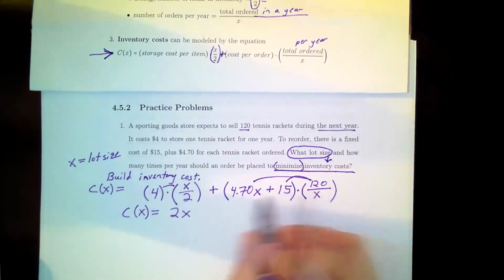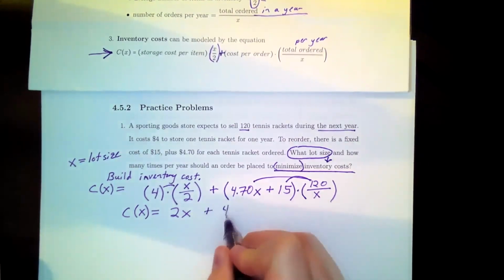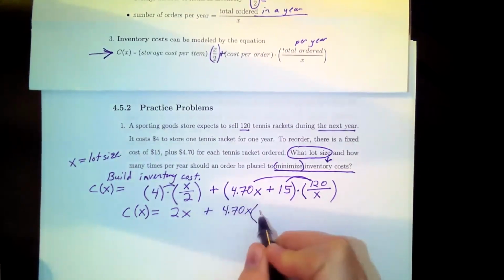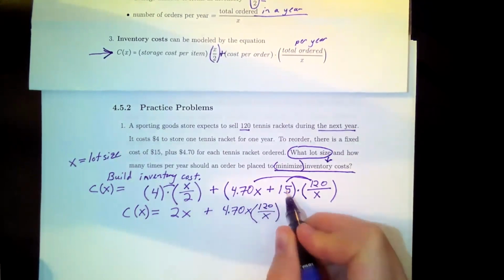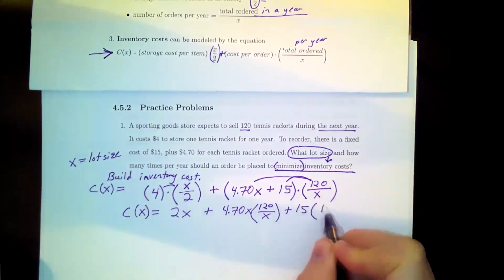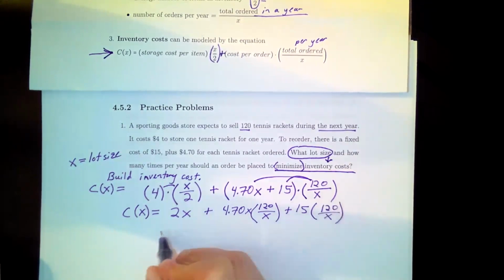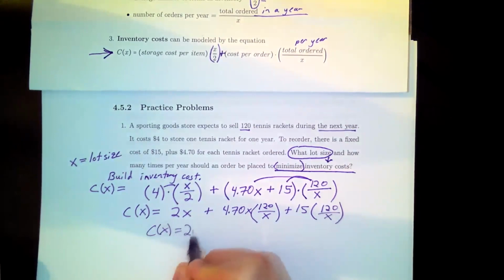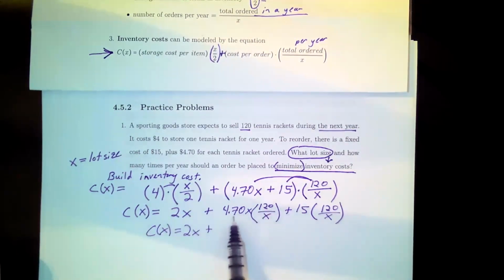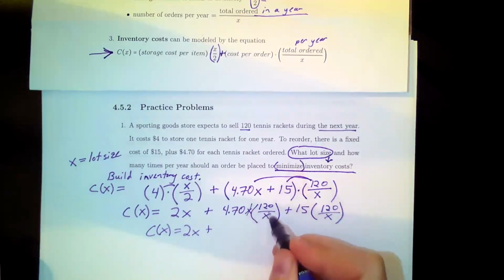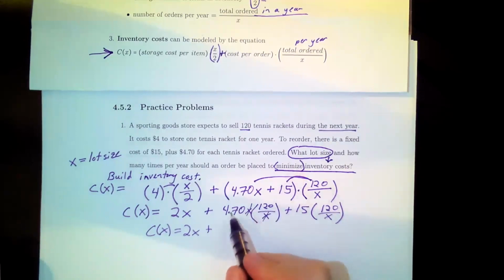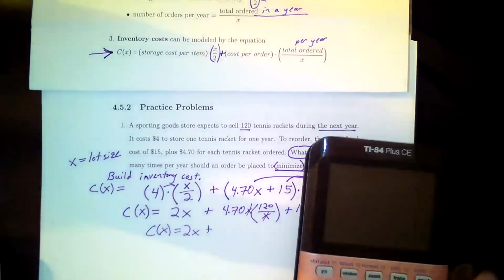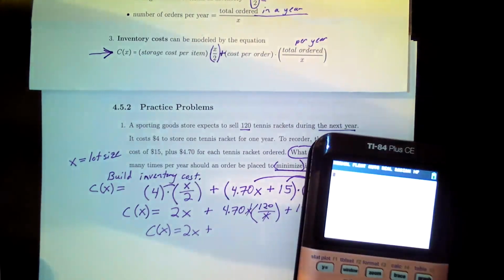Since those are clunky numbers, I'm going to write this out: 4.70X times that 120 over X, and then 15 times that 120 over X. Let's go ahead and multiply those. I have 4.70 times 120. That'll be a number, but then I have X divided by X. Those will cancel each other, so all I'll have left is the 4.7 times the 120. This is where we're going to get out our calculator and figure out what that equals.